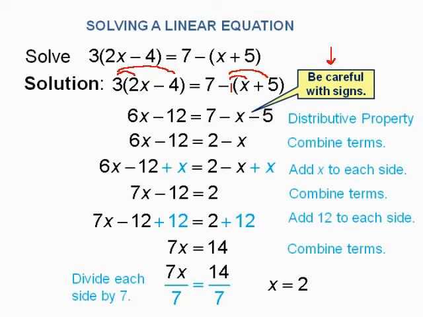So multiplying the 3 through, we're going to end up with 6x minus 12, and then distributing the minus over here, notice changes all the signs in that second parentheses. All right, combine like terms. Now really the only like terms there are here, and I love to use colors, is the 7 minus 5 on the right there gives you 2 minus x. And then they do the letters left and numbers right.